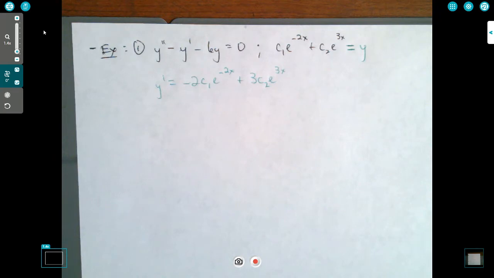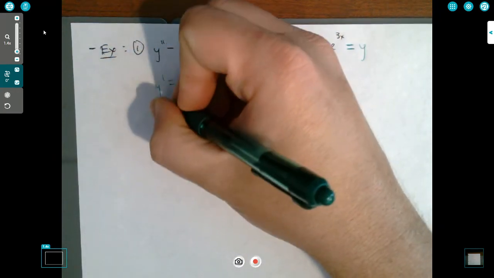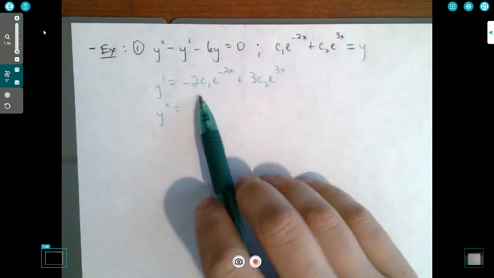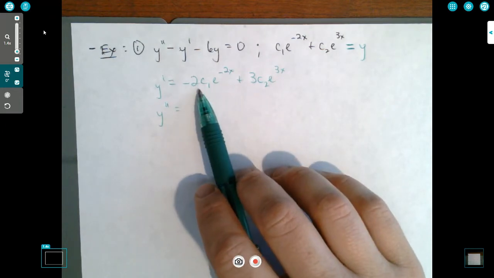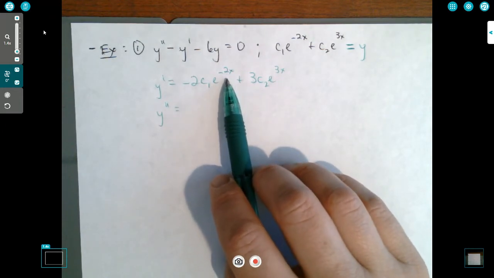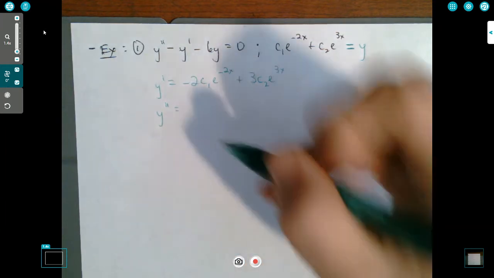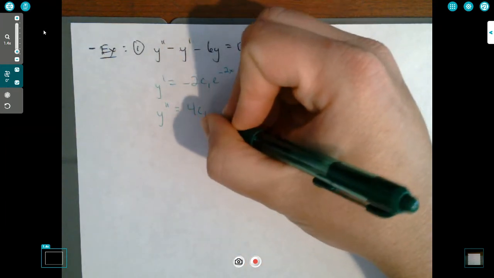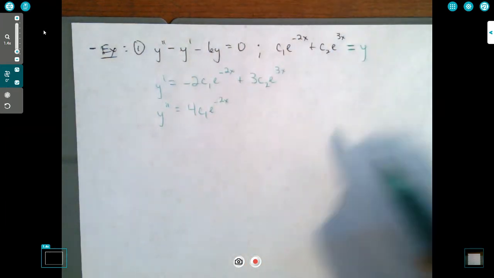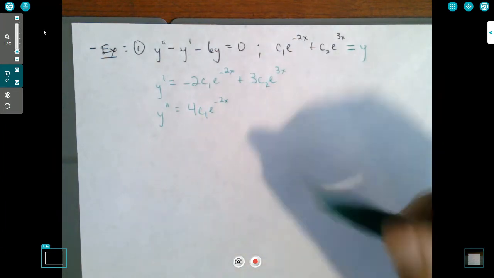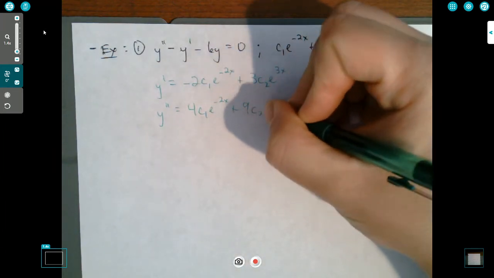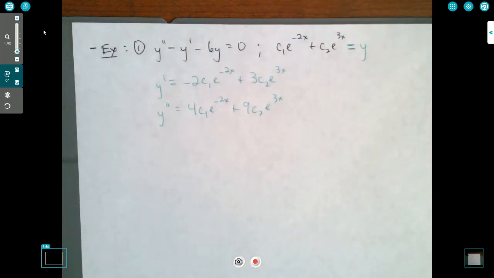So there's y prime. And then y double prime is going to be negative 2c1 e to the negative 2x times negative 2. So that's just going to be 4c1 e to the negative 2x. And here we're going to get 9c2 e to the 3x.